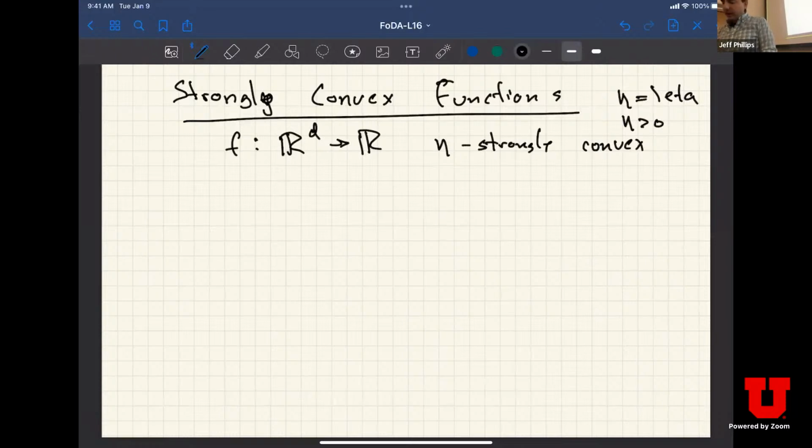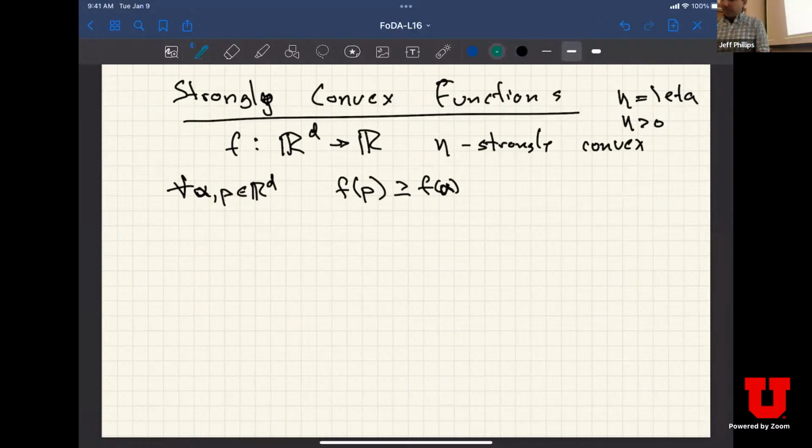And this will be true if for all alpha and p in R^d, we're going to have the following: that f of p is going to be greater than f of alpha. Remember, alpha is where we are, and we want to consider any other p on this function.